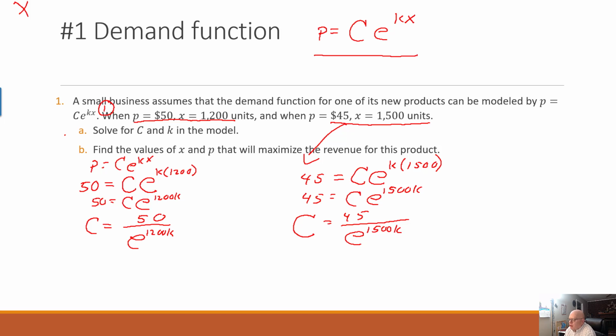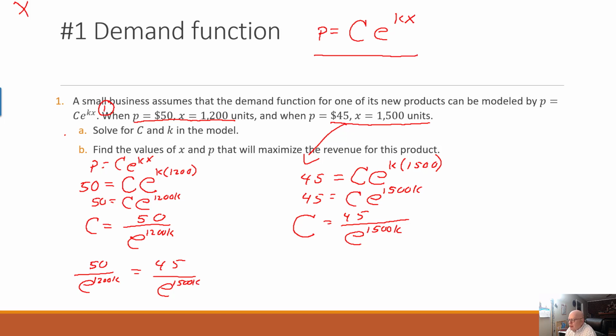Now, the reason I solved those for C is because now we have 2 expressions for the same value of C. So if I combine those, same C for the other one. So 50 over e^(1,200k) equals 45 over e^(1,500k).